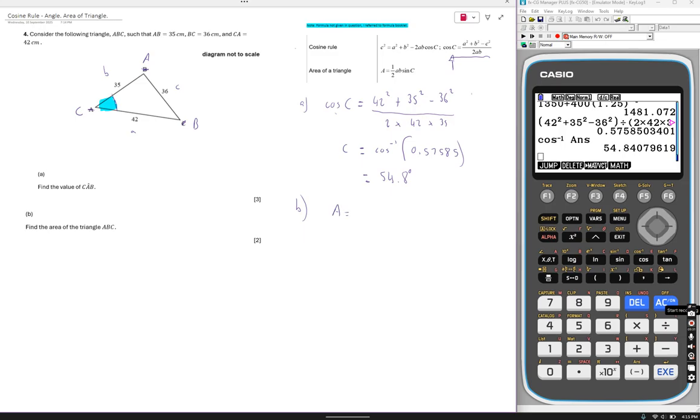So we've got area equals a half ab sine C. Again, why I liked to relabel my diagram in the first place is because we figured out what the angle C was. So we're going to have equals a half times a is 42 times b is 35 times sine of 54.8.